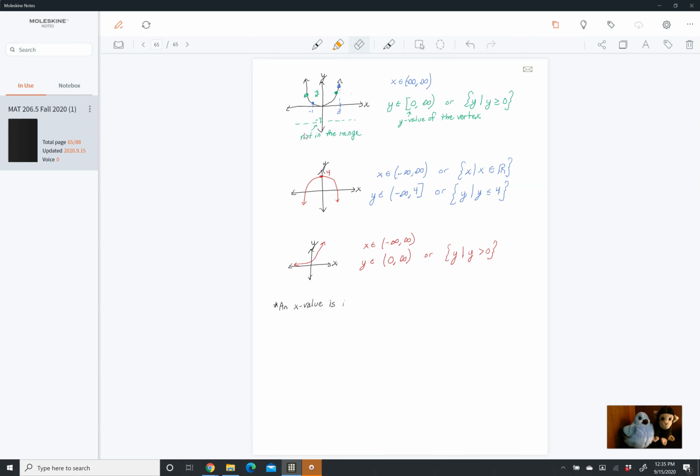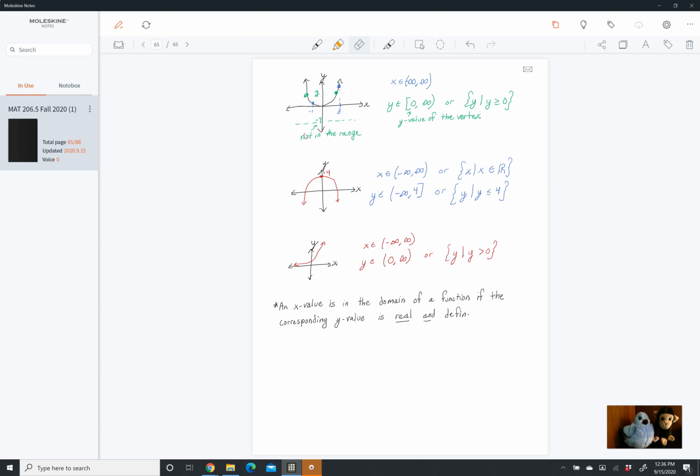An x value is in the domain of a function if the corresponding y value, so the place where it meets the graph, is real and defined.